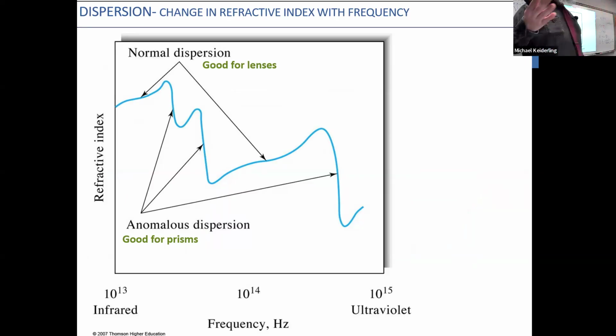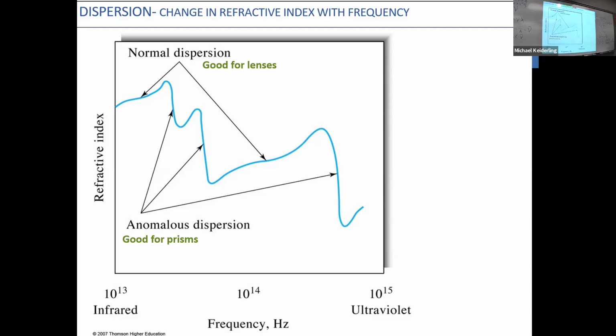If you're making a lens, for example, you want its refractive index to be as constant as possible over the wavelengths you're interested in, because your lens acting like a prism is bad. So you may have heard of something called chromatic aberration. It's something camera companies spend a lot of money on their lenses to make sure it doesn't happen, with special coatings and multiple lenses and things. And that's the lens acting like a prism.